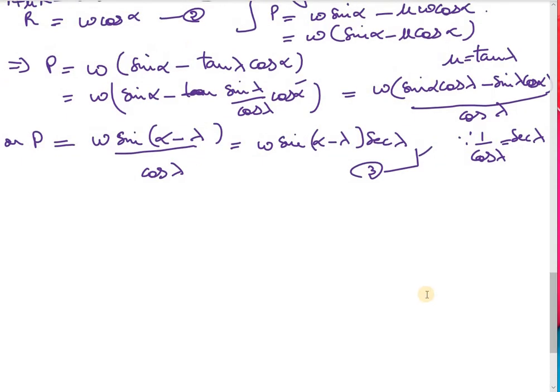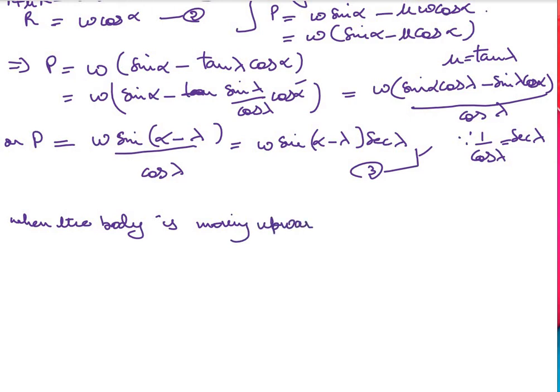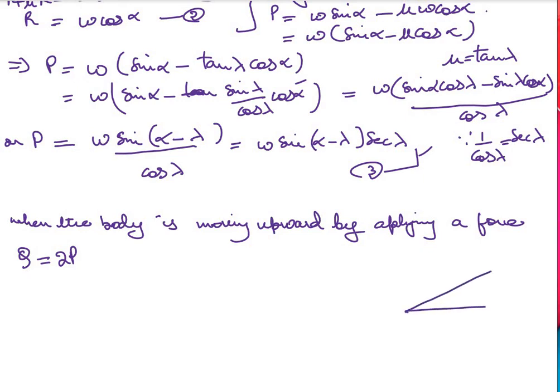So let us see here what will be the case. Now I should have drawn the figure here. When the body is moving upward by applying a force Q, which is equal to twice of the force P. Okay, so here you have this inclination, the same inclination.